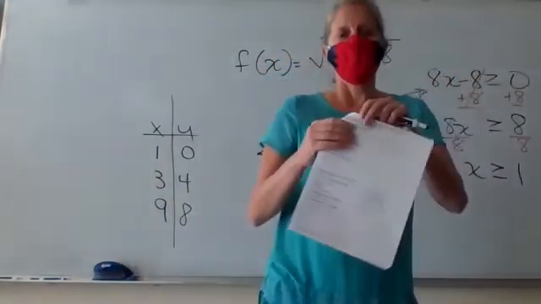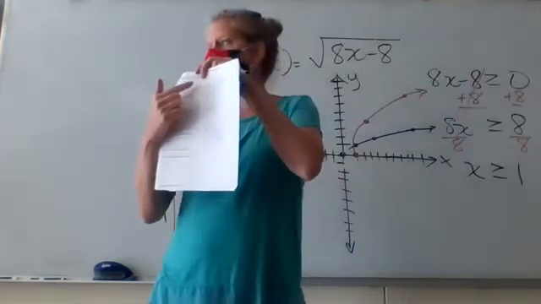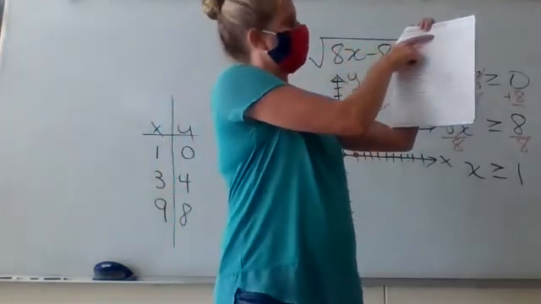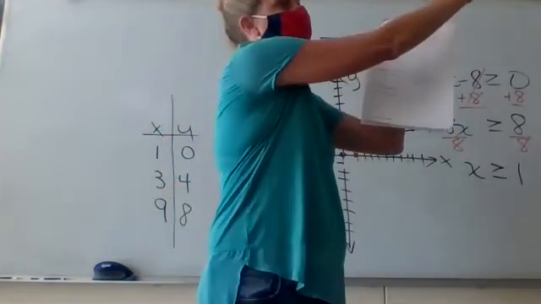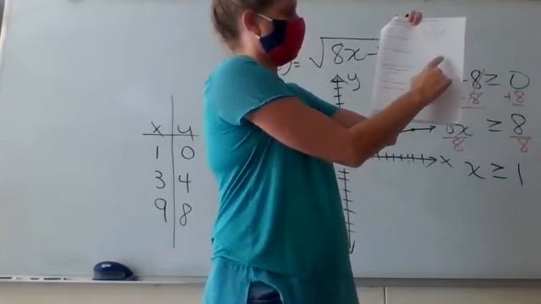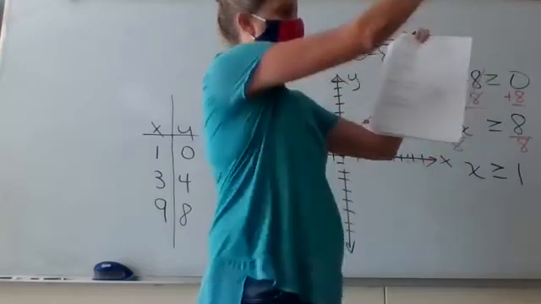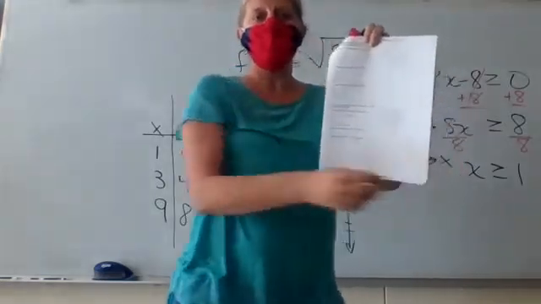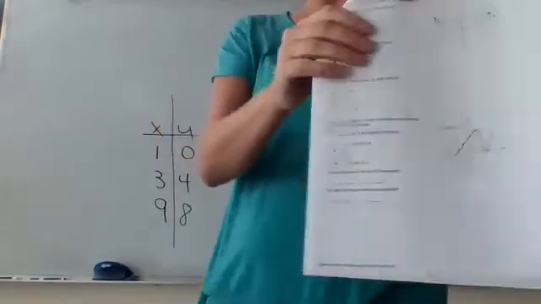If you're looking at these right here, do you see how it starts off by going down and then it goes straight across and then it goes up? This one does all kinds of different things. It goes straight across, then there's a piece that goes up, then there's a piece that goes down, and then there's another piece that goes up. So that's what I mean by a piecewise function. Where you are, it's not the same function on the whole graph.